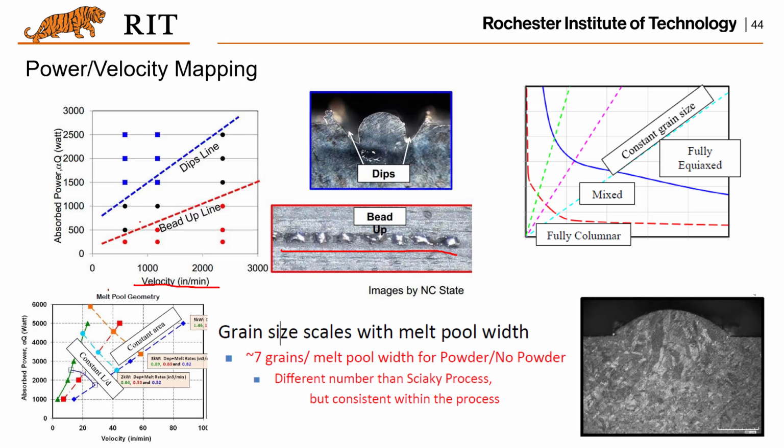And in contrast, if you want to have a high power but lower velocity, what you end up with is these dips. Of course, you do not want to have both of the cases, and something in between will be desirable, but that requires experiments by setting up different velocity and power combinations to have such kind of mapping or curves.